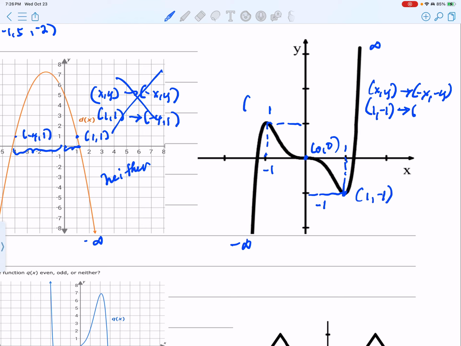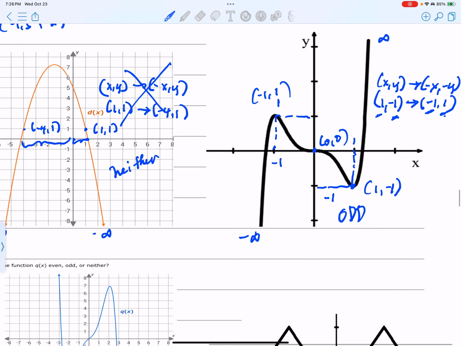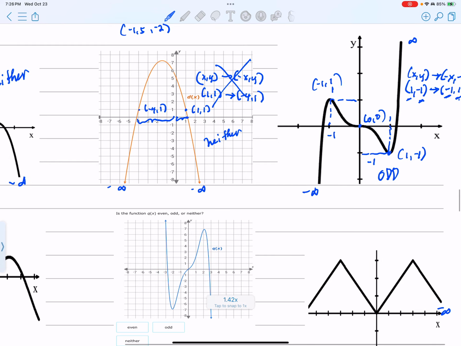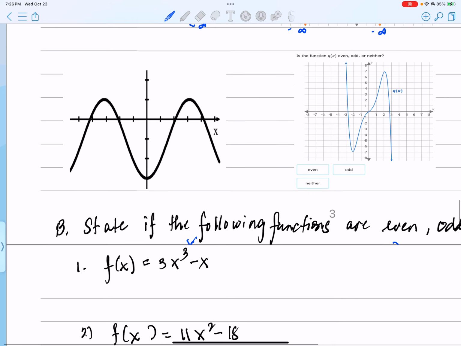This coordinate is (-1, +1). So the +1 becomes a negative and the -1 becomes a positive. That means this is an odd function.